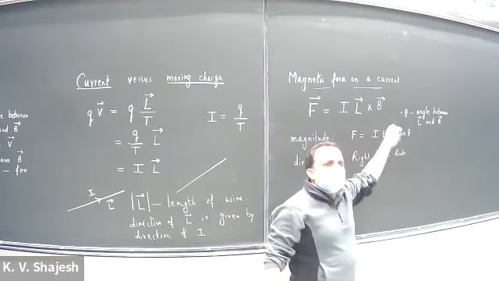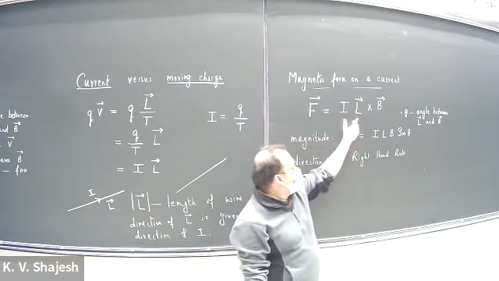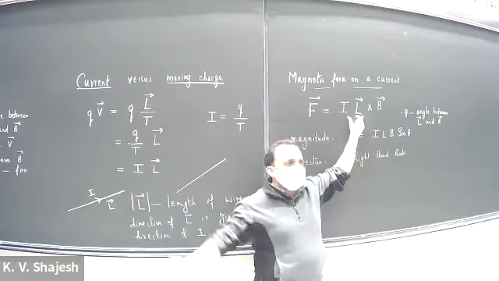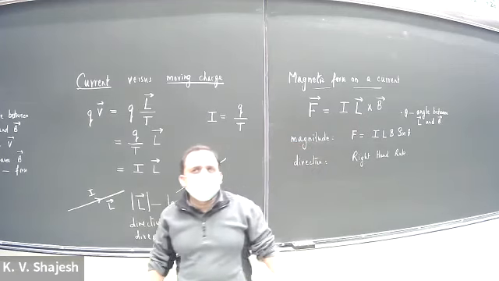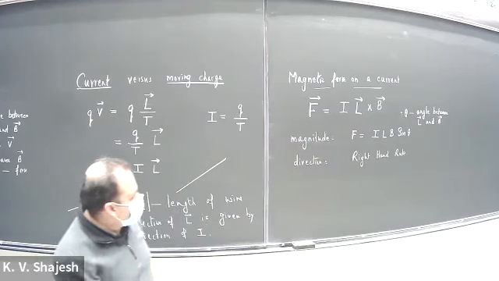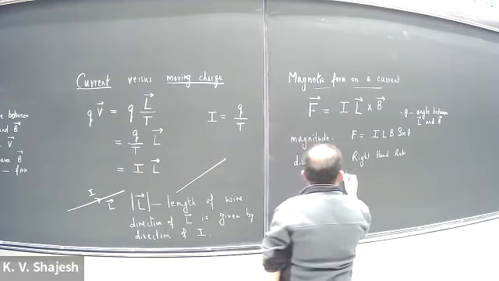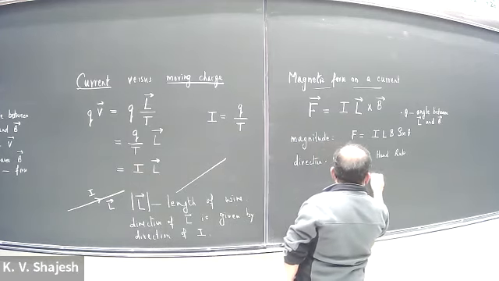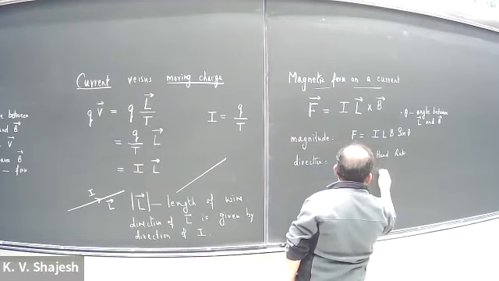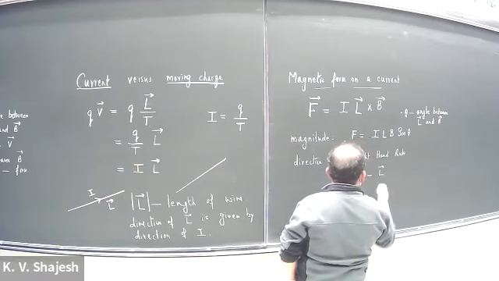It is the first vector times the second vector. Remember earlier the first vector was the velocity. This time the first vector is the length L. So your fingers this time point in the direction of the current, or L, which has the direction of current in it.